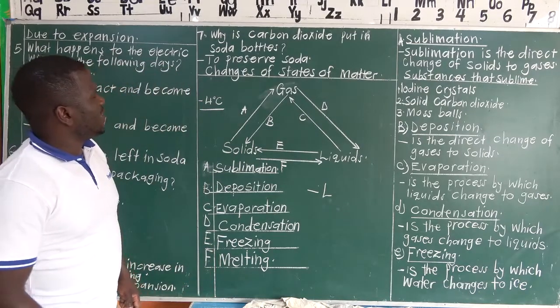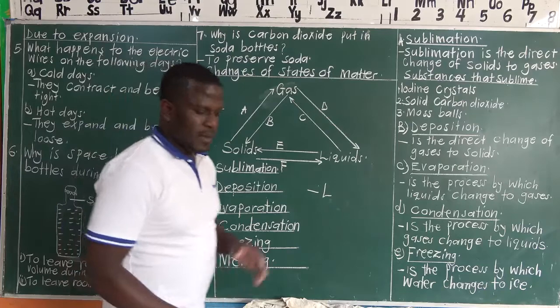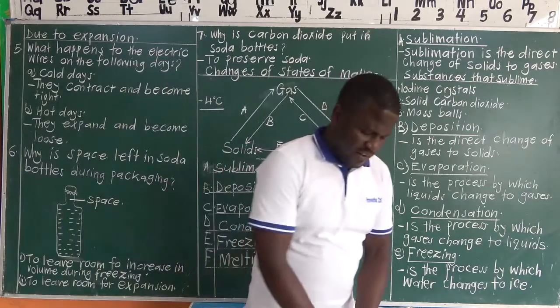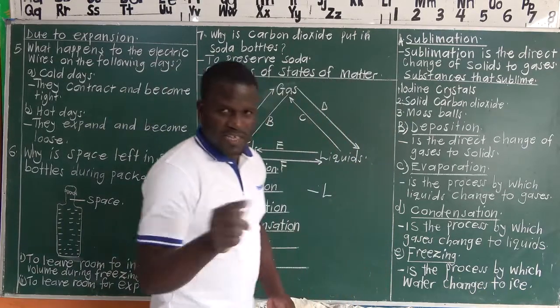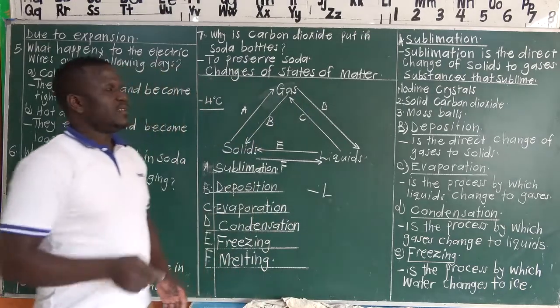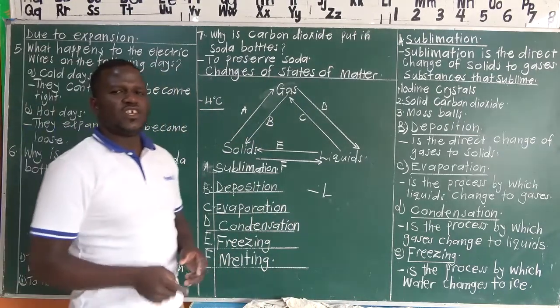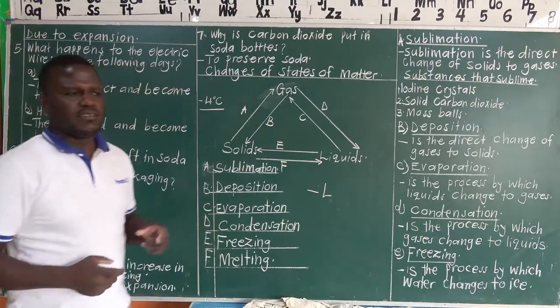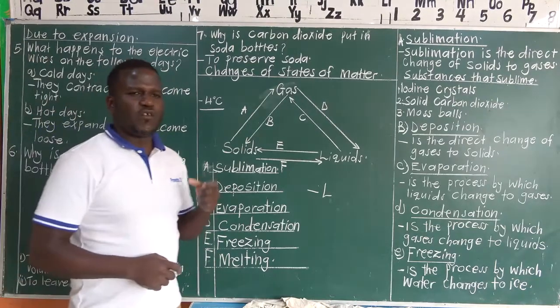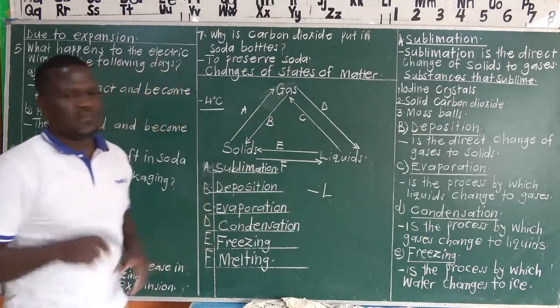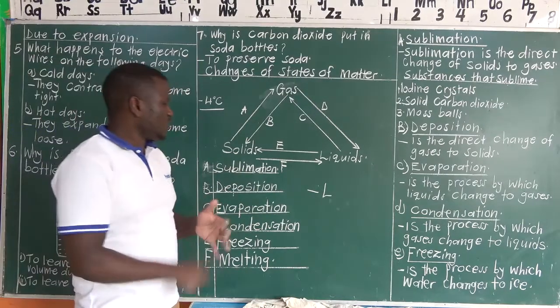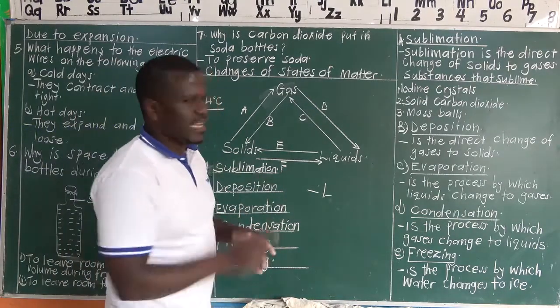Then we look at changes of states of matter. Remember I told you we have discussed effects of heat on matter, and we have said heat makes matter change its state. Changing state means these objects change from one state to another. We have 3 major states of matter: solid state, liquid state, and gaseous state.